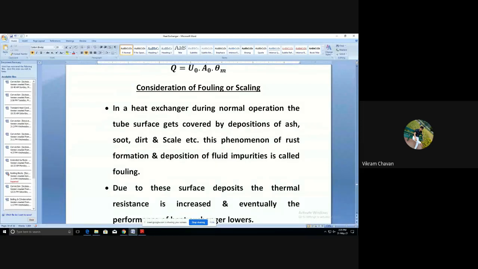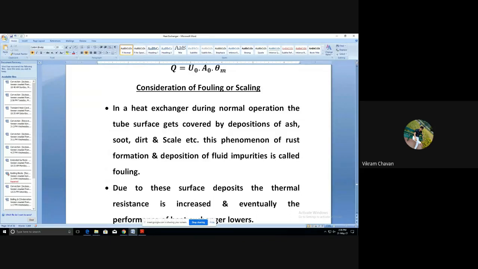If it is asked on the basis of internal surface area, we consider the internal surface area, and if it is asked on the basis of external surface area, we consider the external surface area.